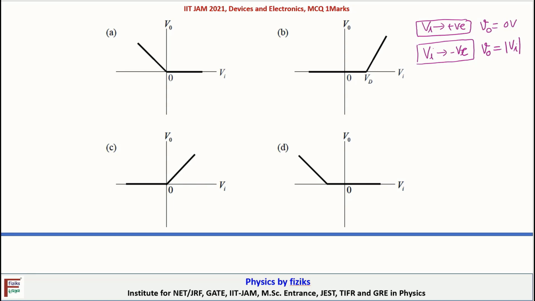So if we check option A, just see, when Vi is positive, the output will be 0, and when the input is negative, the output is positive. So option A is correct.